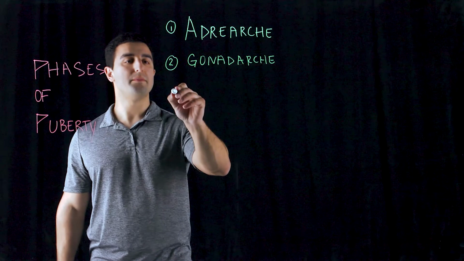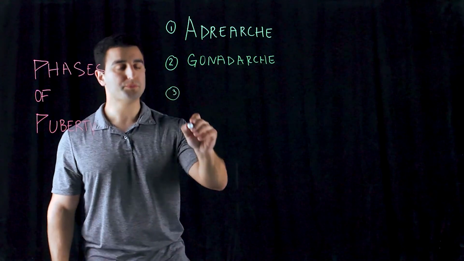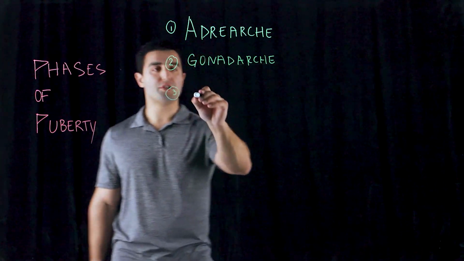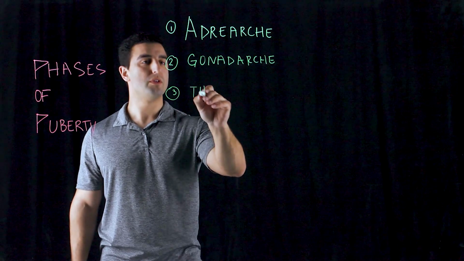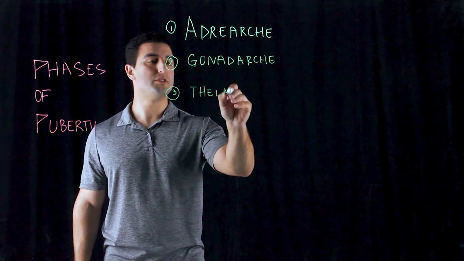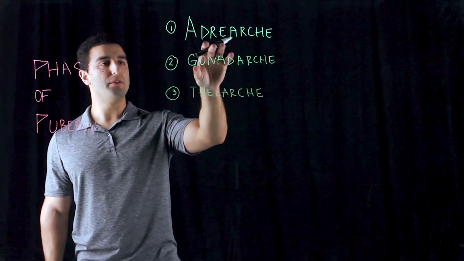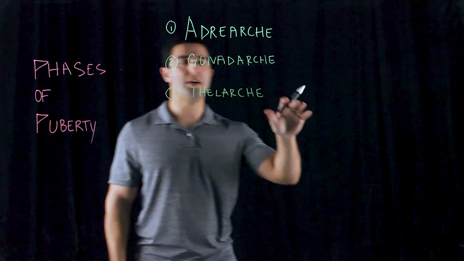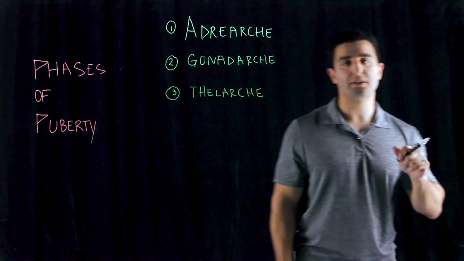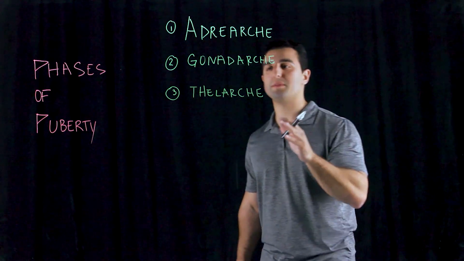Third phase here, all right, it's called thelarche. So in the second phase, in the gonadarche, you have your primary sex characteristics, right? So your primary sex organs begin to develop.